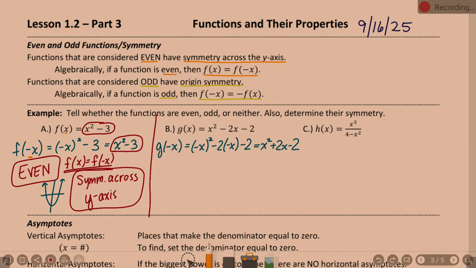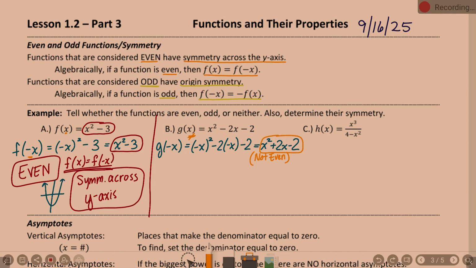It's not even. I know that this did not equal g of x. Because these guys are not equal, I'm just going to, not that you have to write this in, but this is what my brain is thinking. My brain says, okay, cross even off the list. It's not an option. So now I'm looking at odd or neither.